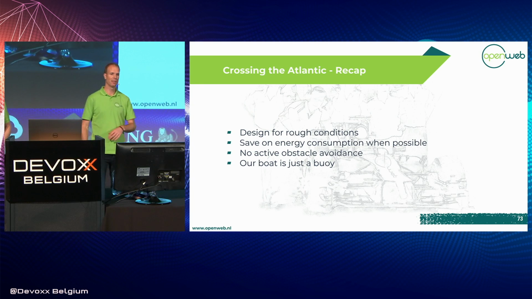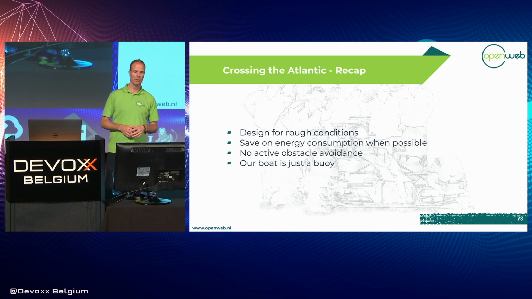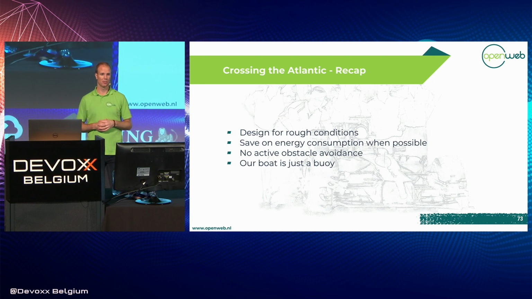So in short, a recap: things we need to prepare for are the really rough conditions. Now, as we said before, this is a boat for just training and testing. If we go on bigger waters, we obviously need a new boat, which is built for other conditions. We need to save energy.